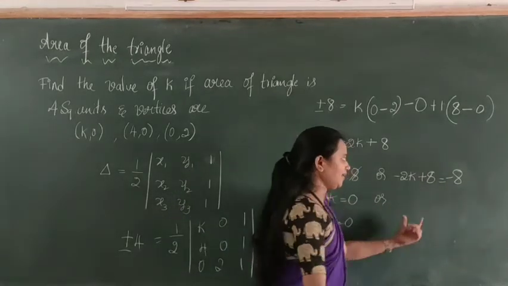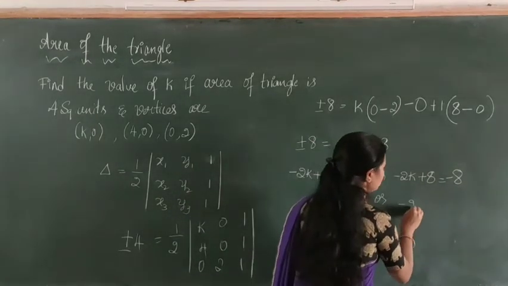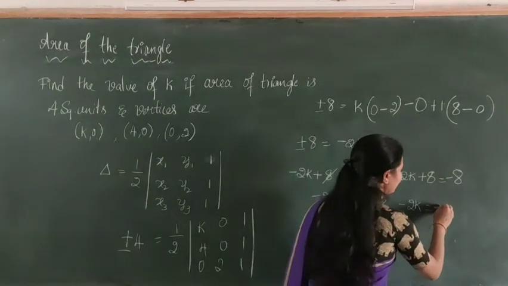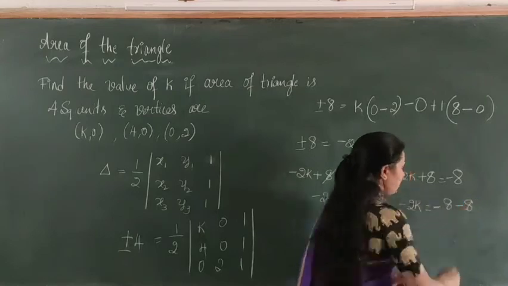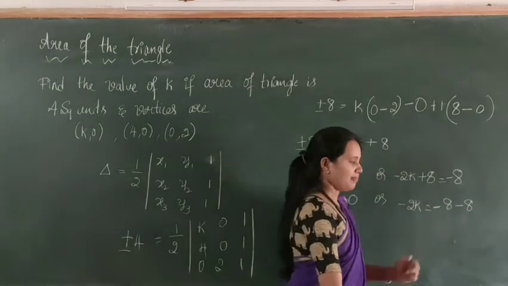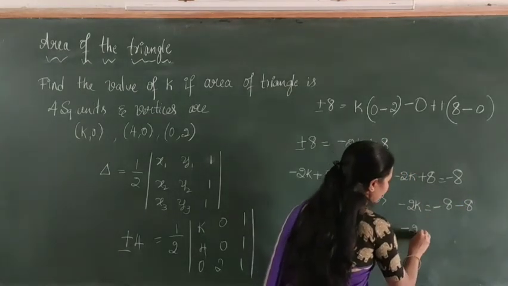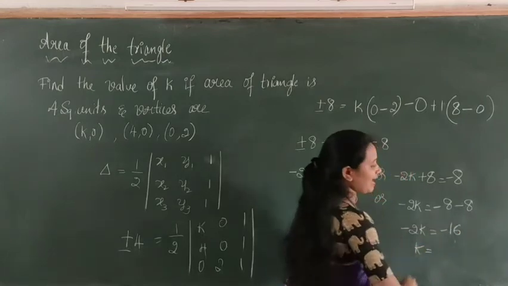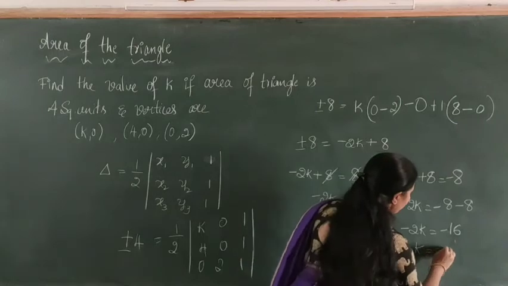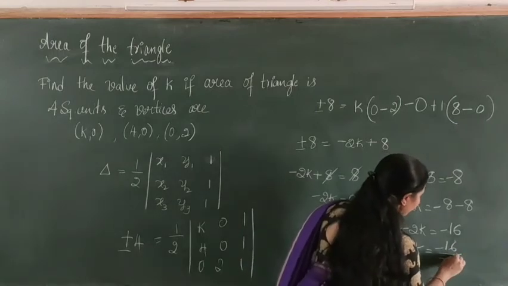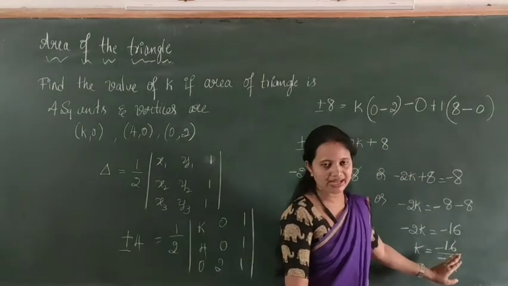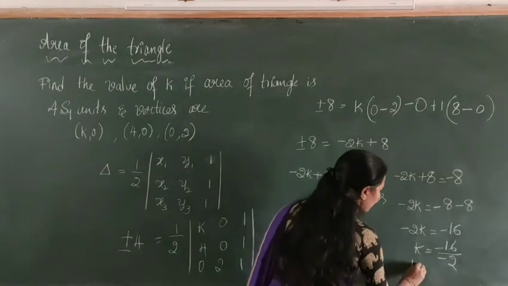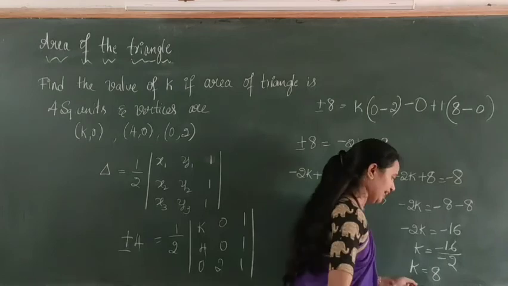Or by the second equation, minus 2k is equal to, if 8 comes to this side, minus 8 minus 8, that is minus 16. So minus 2k equal to minus 16. So k is equal to minus 16 by minus 2. Here minus and minus get cancelled. 2 8s are 16, so k is equal to 8.